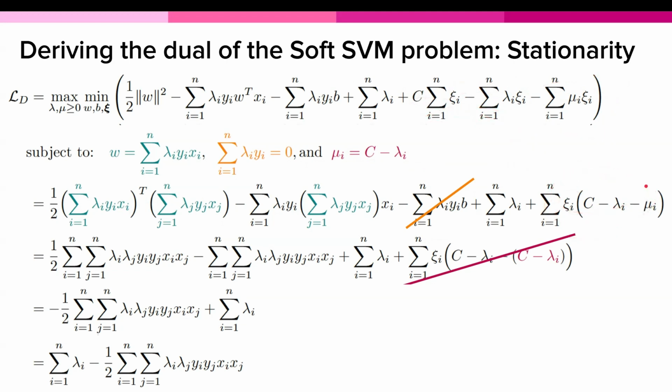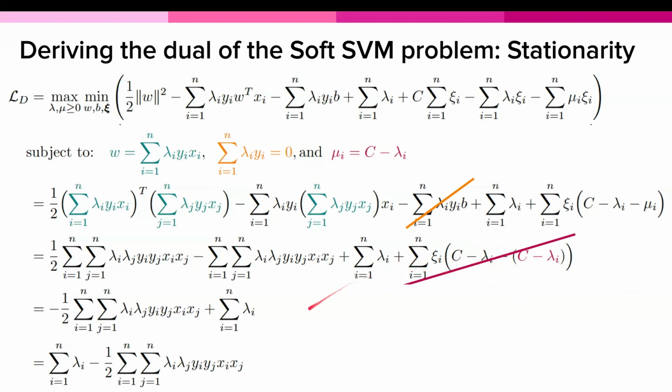Then let's plug in the condition that we derived in the last step for mu i. We're going to get C minus lambda i minus C minus lambda i, which goes to 0, so we just eliminate that completely from the equation.